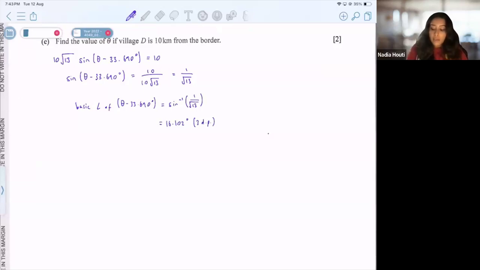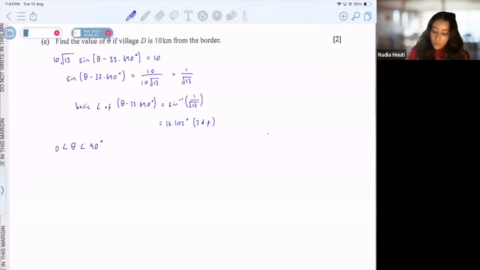Now we know the basic angle. So recall from the question, because of how the diagram is drawn, you know that theta is between 0 and 90 degrees. It has to be an acute angle.